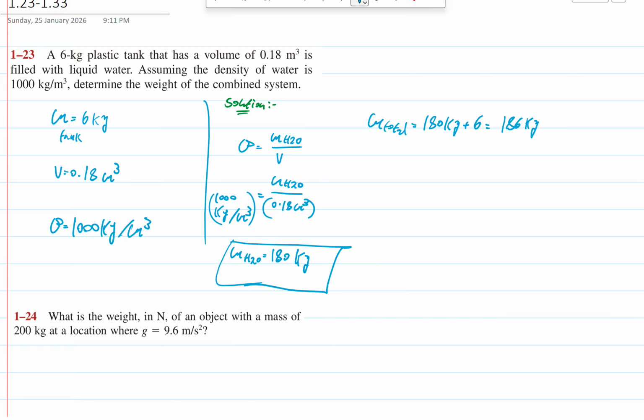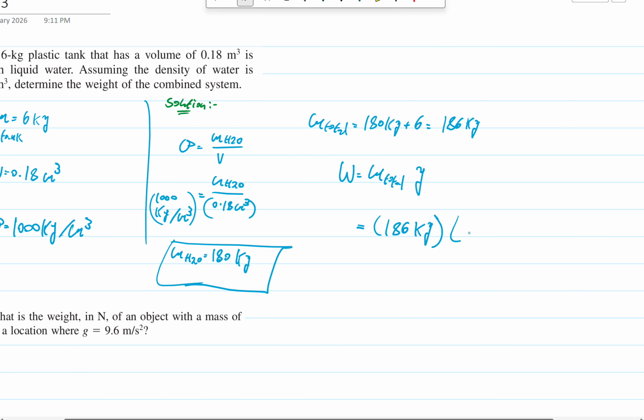So what we're going to do with that is find the weight, what the question told us to do. Total weight, factor in gravity. So 186 kg, and the acceleration is 9.81 meter per second square.